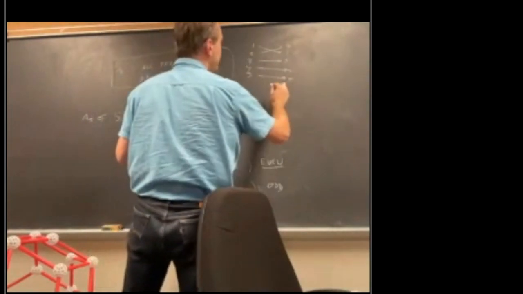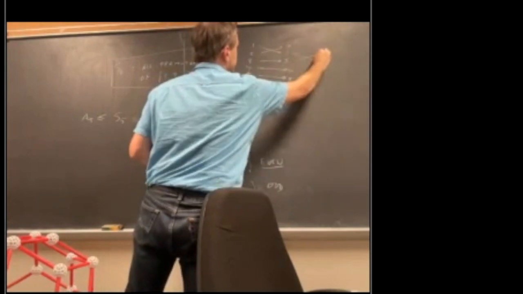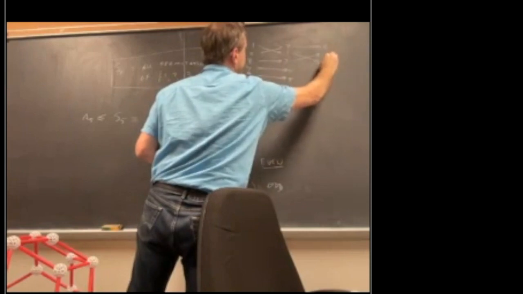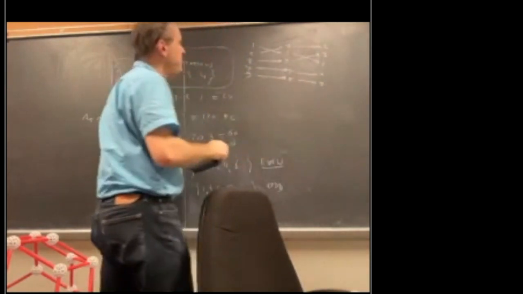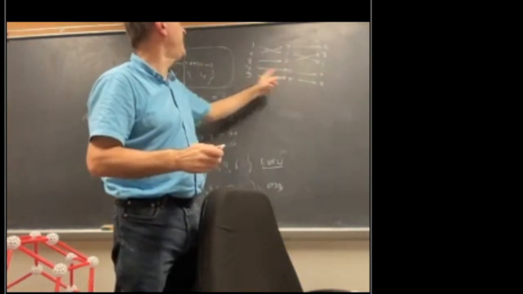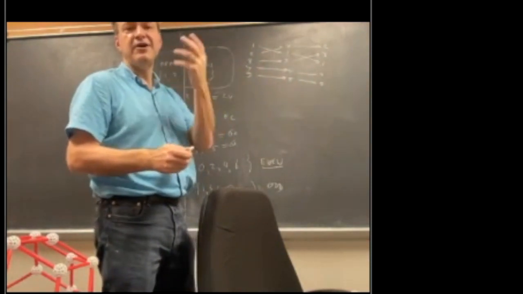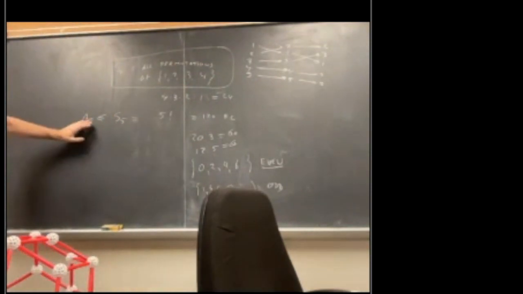If I now make another swap, let's say I swap these two, then this one goes here, and this one goes there. So the permutation that sends 1 to 2, 2 to 3, 3 to 1, 4 to 4, and 5 to 5 is built out of an even number of swaps. That's called an alternating permutation, or also an even permutation. And A5 is the set of even permutations.